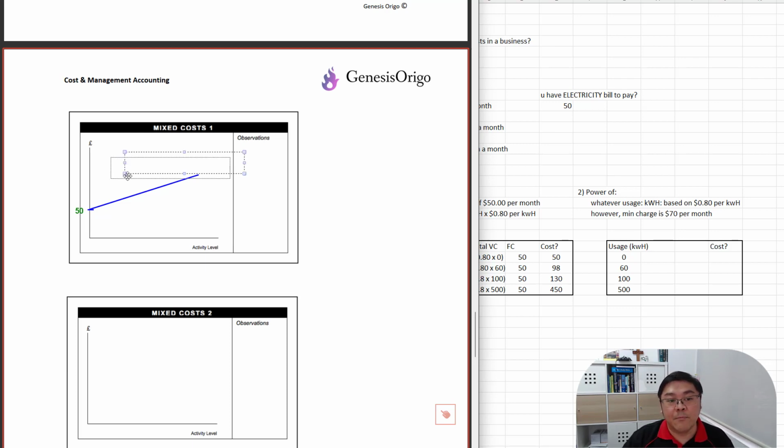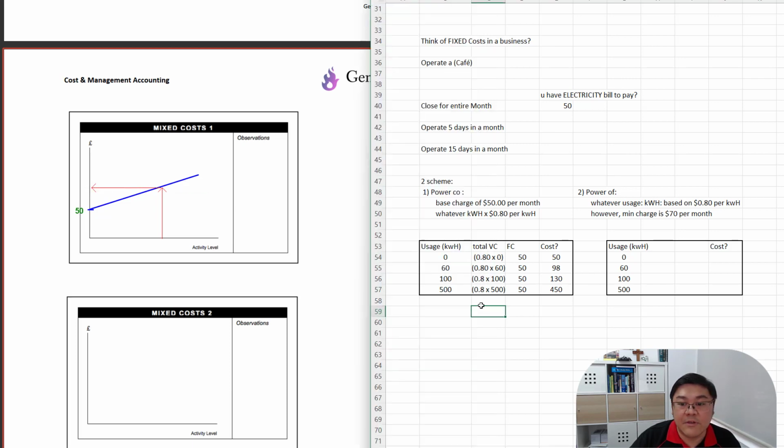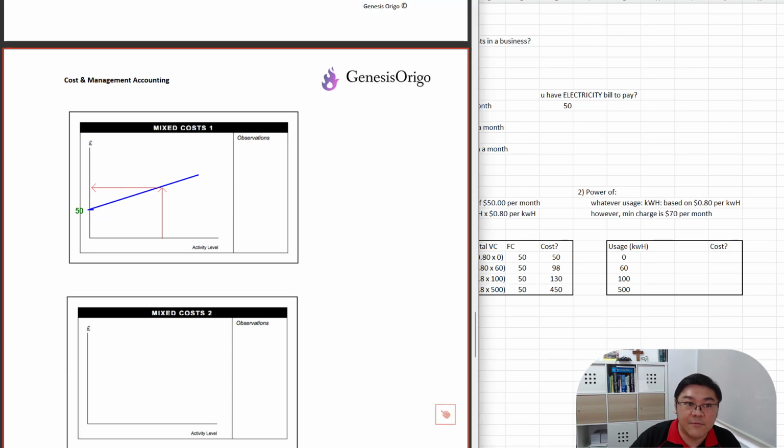So if I put this into an equation and ask you to calculate how much the cost will be at this quantity, how do we get the answer? We use the same formula we just got here. The cost is bx plus the fixed cost, which is a.